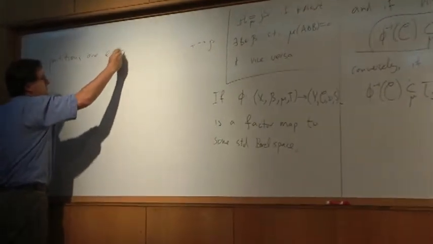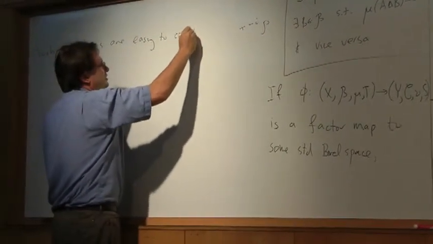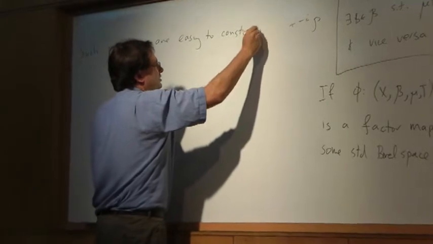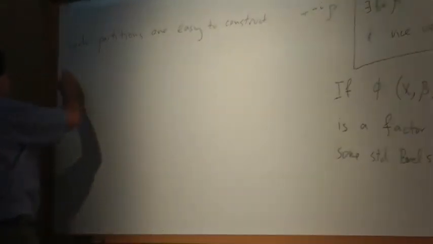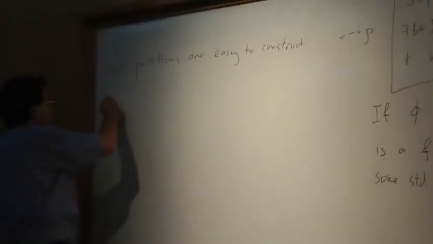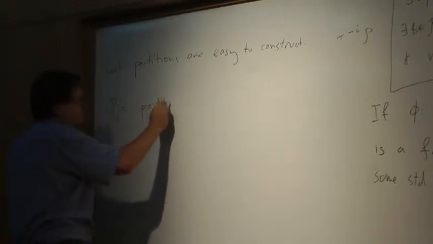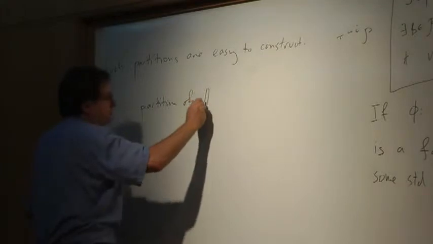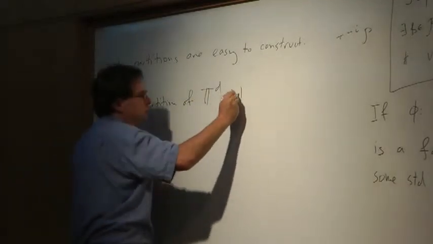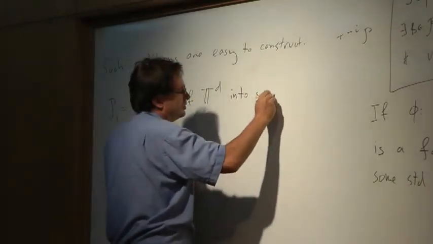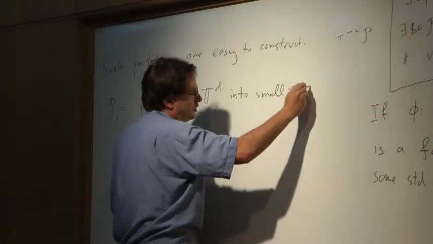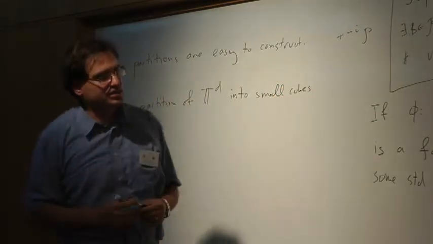Here's how. Take P1 as a partition of the d-dimensional torus into small cubes, of diameter less than this delta that I want.